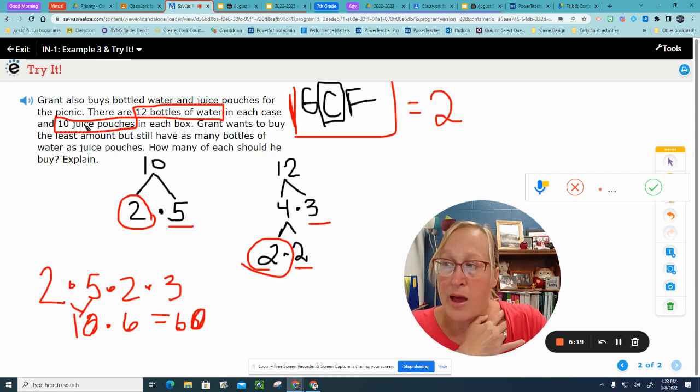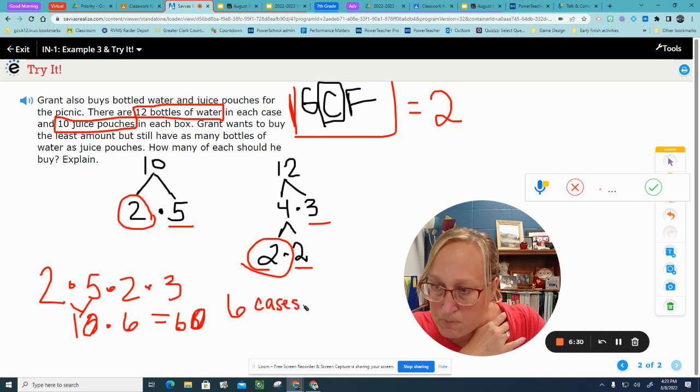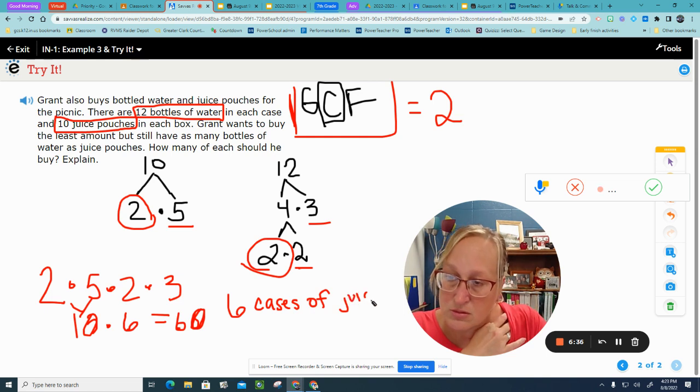So how many boxes of 10 juice pouches do we need? We need 6 cases of juice, because that gives me the 60 that I need.